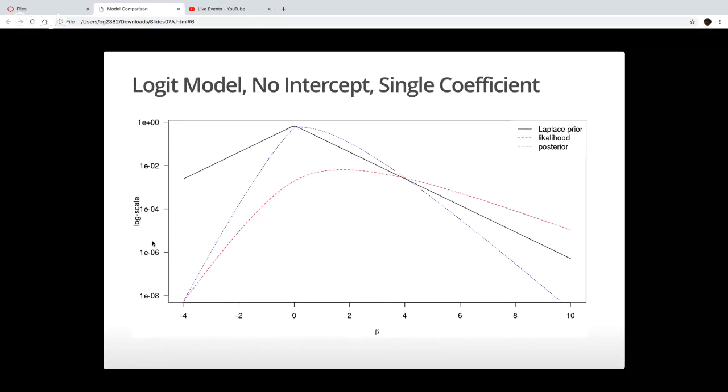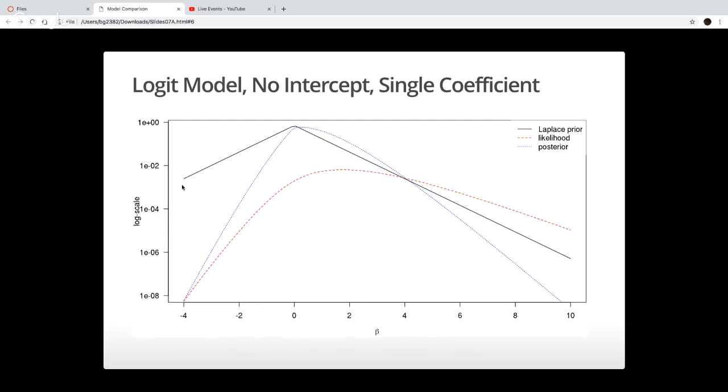But in order to bring out this contrast between the Bayesian approach and the supervised learning approach, I've drawn three things here. This is for a logit model that has just one slope coefficient. I've set the intercept to 0, so I'm able to do numerical integration to get the denominator of Bayes' rule.